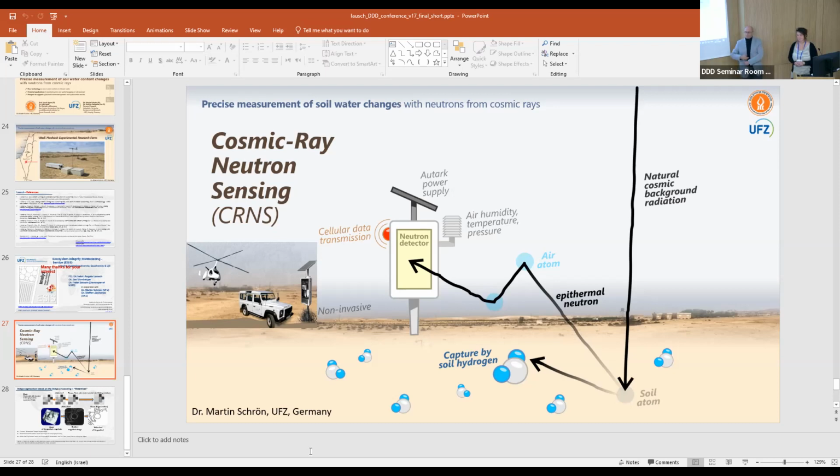Are you using quantum computing? Is quantum computing starting to enter the remote sensing world for you? Not yet, because his approach is really fast, and we have a small application region in Germany.